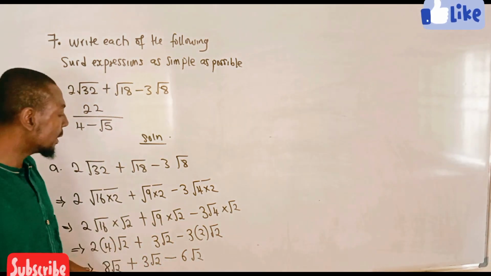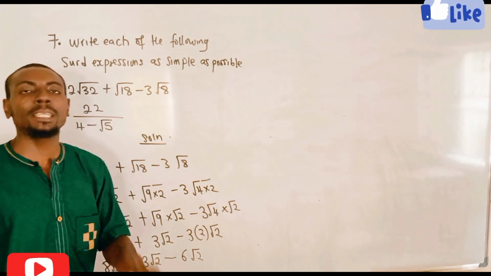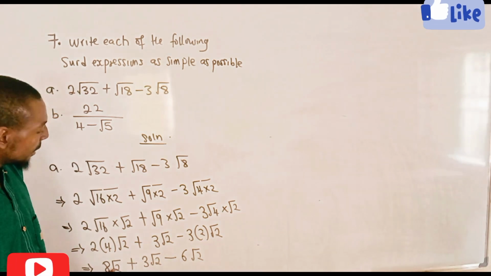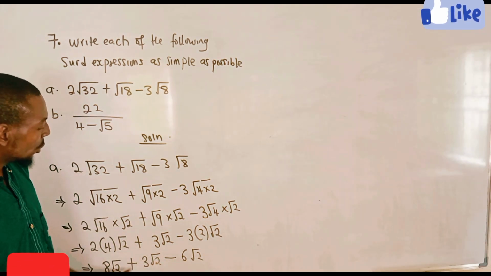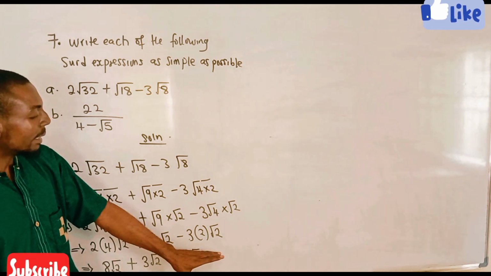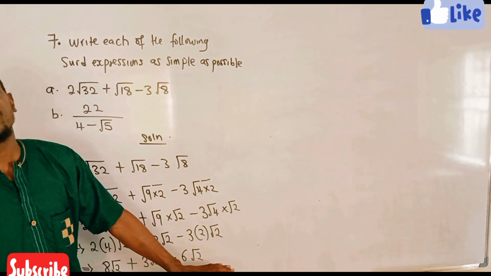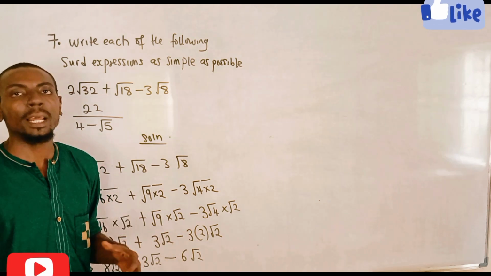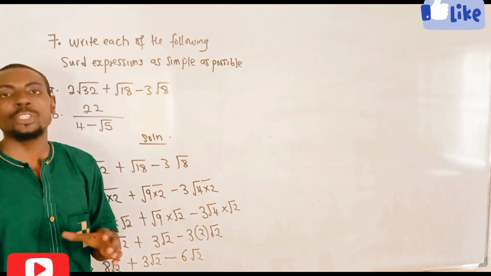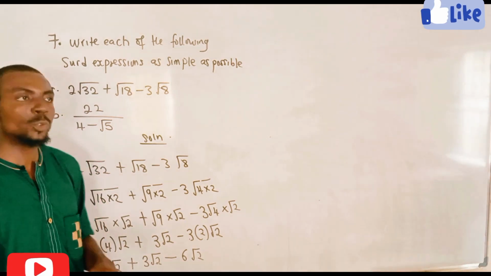So just like when we say the surds are what? Similar. Similar surds contain the same number in their what? Square root. So this is root 2, and root 2. It means that these three terms are said to be similar. So we have a similar surd situation.